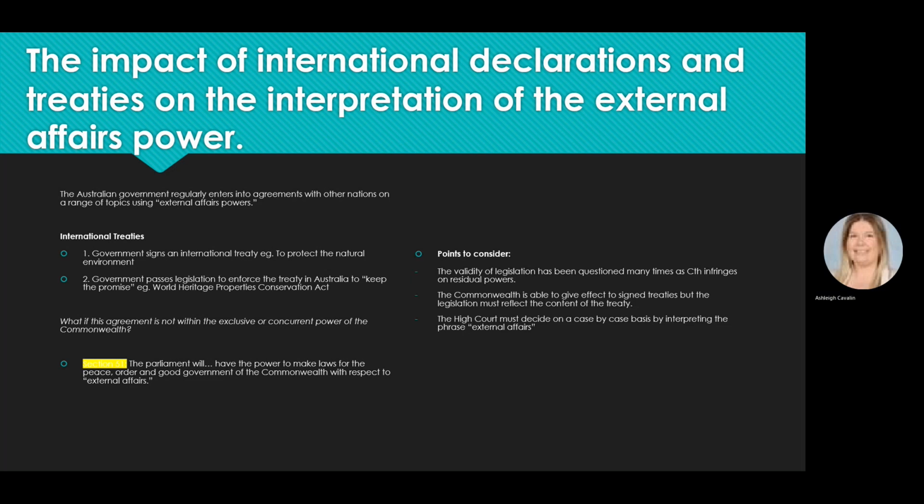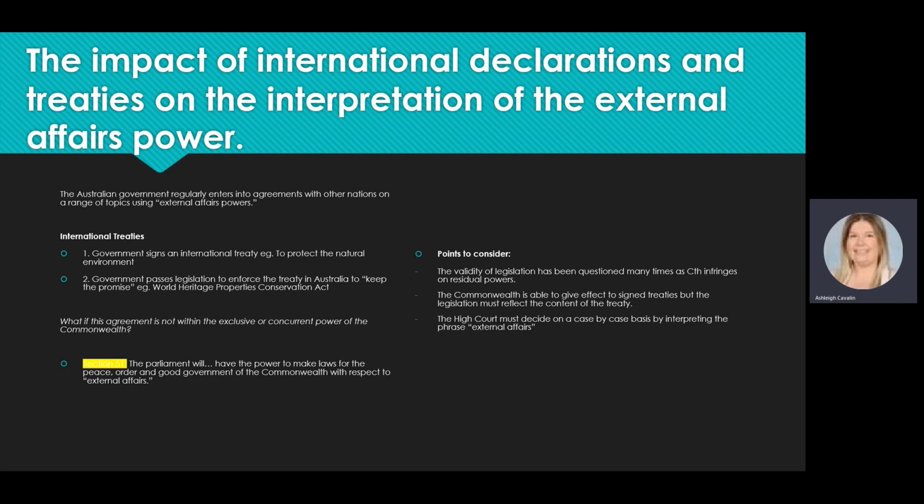Well, the Parliament will have the power to make laws for the peace, order and good government of the Commonwealth with respect to external affairs. This means that they can essentially rule in residual powers as long as it is for peace, order and good government. Now, what are the points to consider in this area?